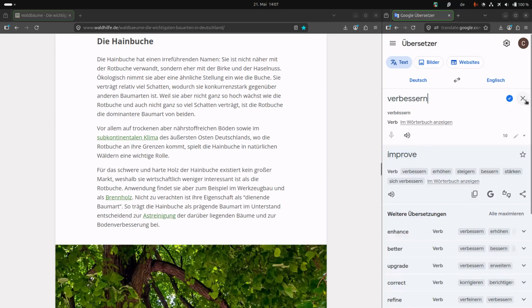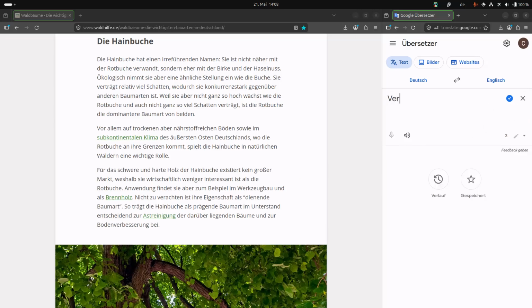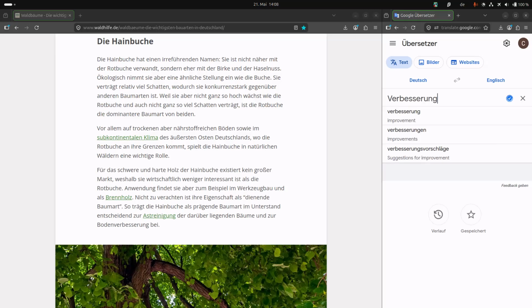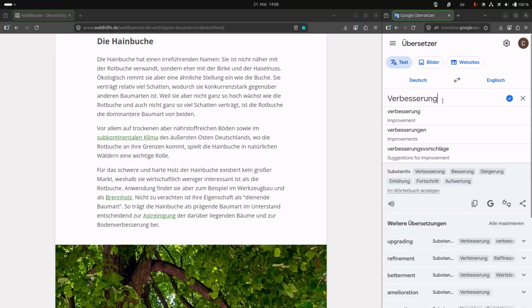Improve, I don't know, Verbesserung. Improvement, yeah, of course. So the soil improvement, beitragen, contribute. So trägt die Hainbuche als prägende Baumart im Unterstand entscheidend zur Astreinigung der darüber liegenden Bäume und zur Bodenverbesserung bei.